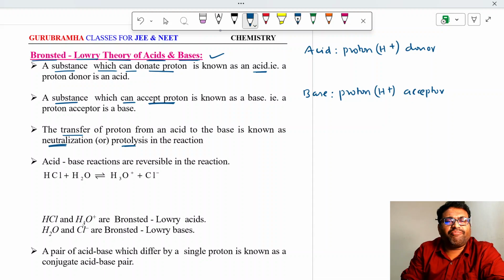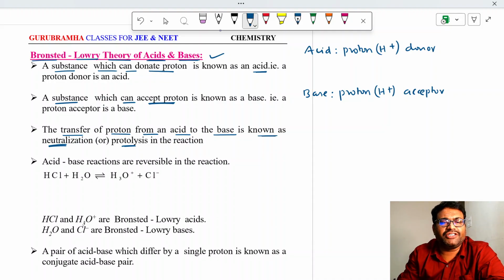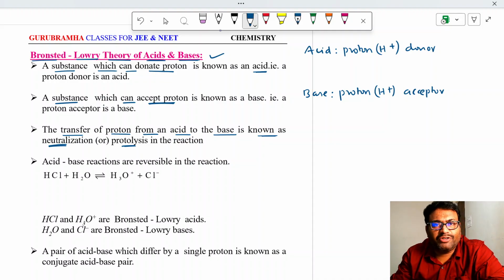The transfer of proton from an acid to base is known as neutralization. Acid is able to donate a proton, base is able to accept the proton. So when acid and base are reacting with each other, that means acid is donating a proton and base is accepting a proton.